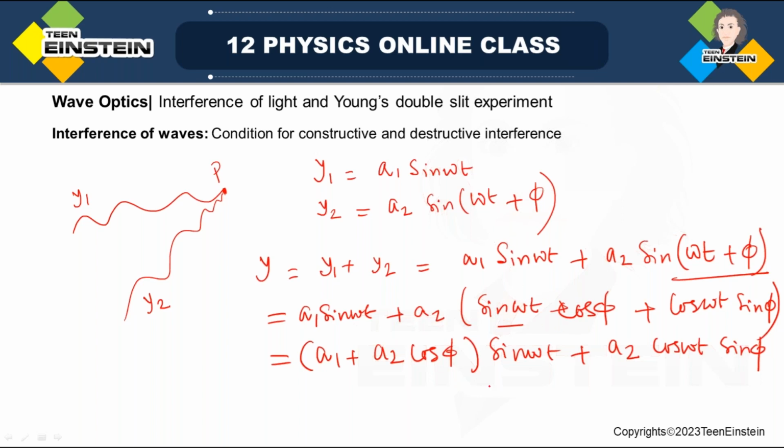Here we have to make it in terms of a sine or cosine term.